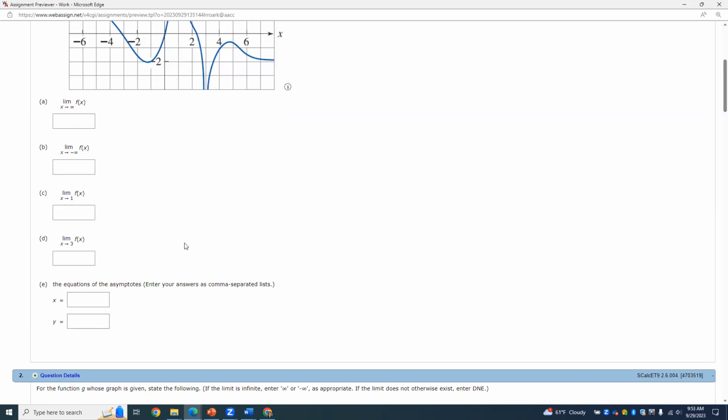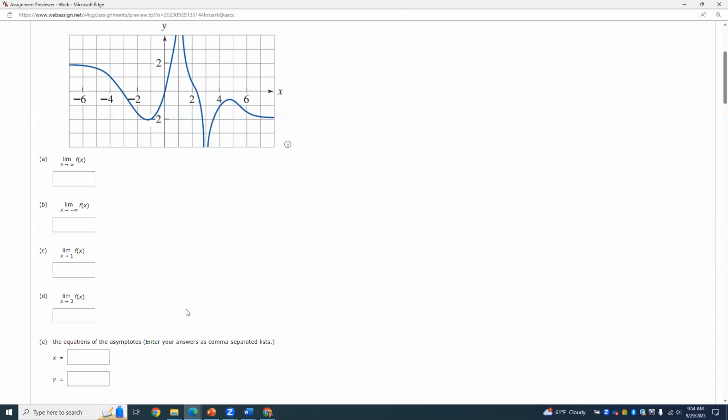Okay, so there is something we want to be familiar with: when we're talking about the limits at infinity, that is the same thing as finding the horizontal asymptote, if it does converge to a horizontal asymptote.